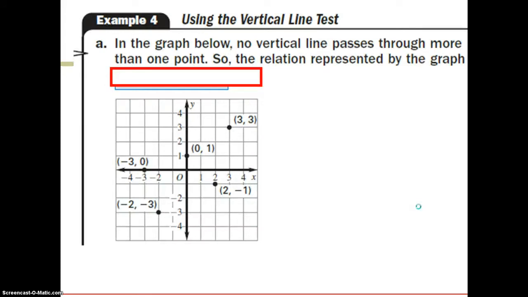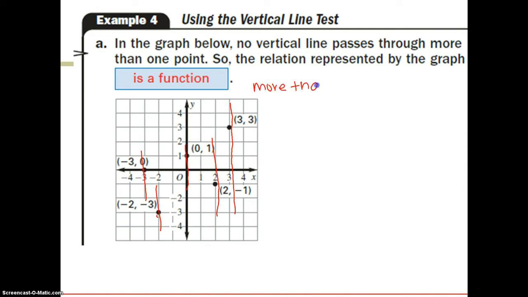We can also use a vertical line test to identify if it's a function or not. So what I want to do is, through these points, I want to just draw a vertical line. And if it passes through more than one point, it's not a function. This one is a function because it only passes through one point. Again, if it passes through more than one point, or ordered pair, it is not a function.